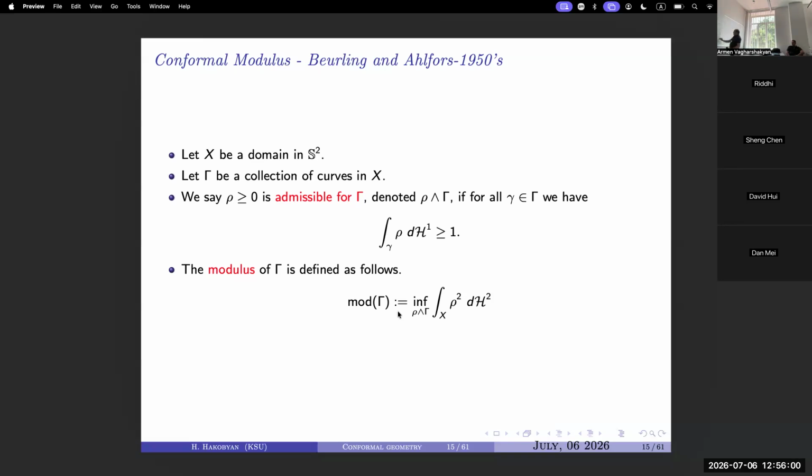This is your gamma. Well, all of them is capital Gamma in this domain omega. So you have the modulus of gamma(E, F) inside omega. So this notation means I'm looking at the curves connecting E to F, which are on the boundary, inside the domain omega.